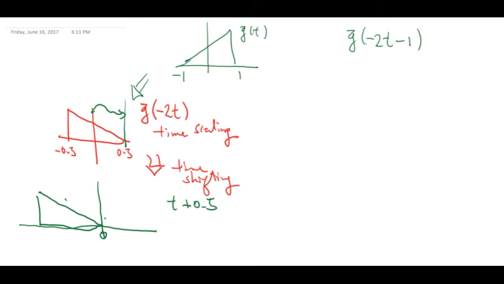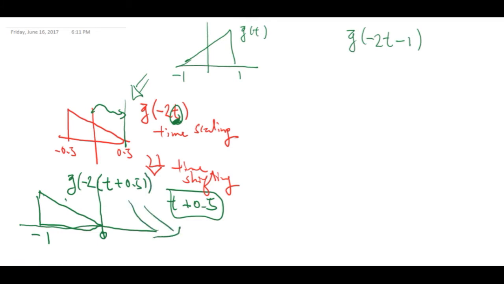That becomes 0, that becomes -1. So we've done the job. This function was g(-2t). Mind you, because we are doing the time shifting, the whole t has to be replaced by t plus 0.5. So write t plus 0.5 right here. So this becomes g(-2t - 1). This is what we want to have.